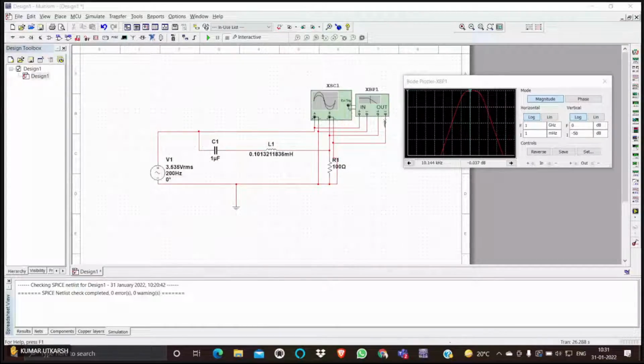Ma'am, is it visible, ma'am? Yes. Ma'am, this is what I'm getting. It is around 101. How much is it? What is the resonant frequency?